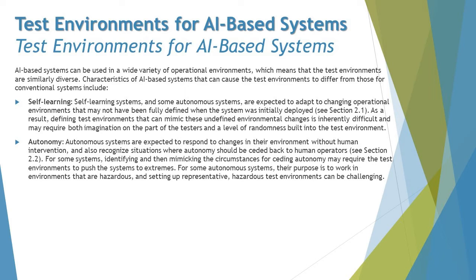Self-learning AI-based systems and some autonomous systems are expected to adapt to changing operational environments that may not have been fully defined when the system was initially deployed. As a result, defining test environments that can mimic these undefined environmental changes is inherently difficult and may require both imagination on the part of the testers and a level of randomness built into the test environment.